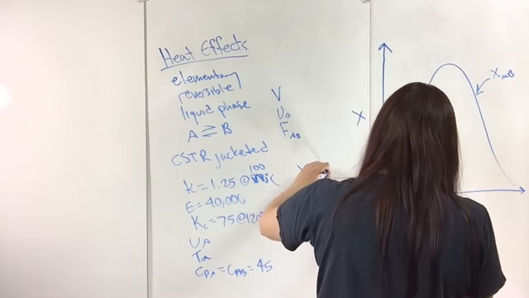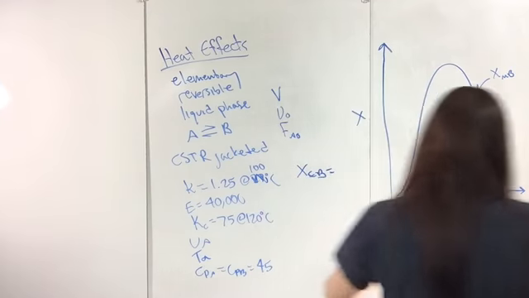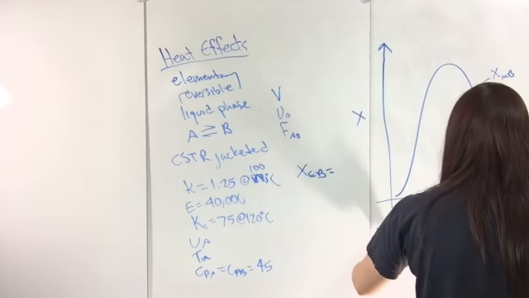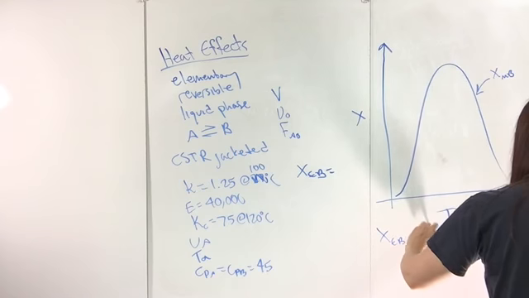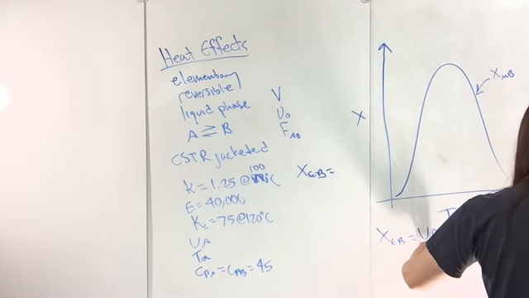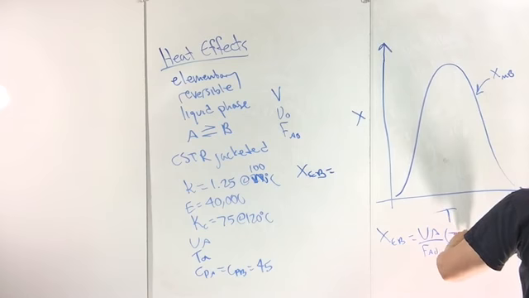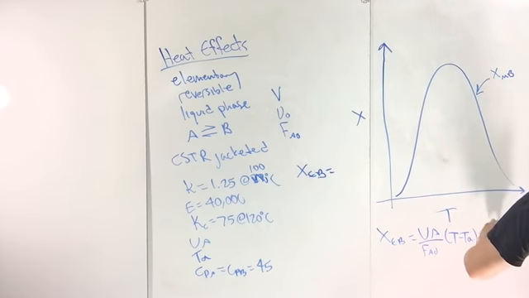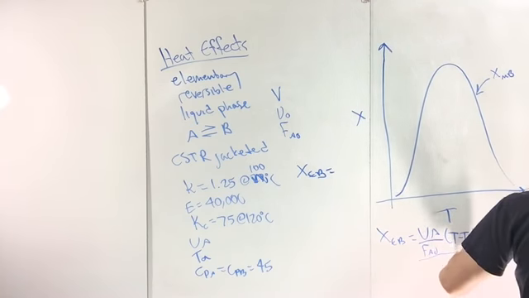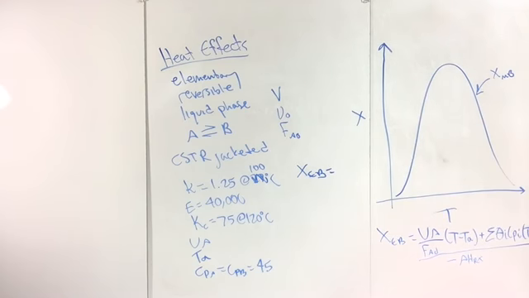So X EB is equal to UA over FA naught, (T minus TA) plus the sum of theta I CPI (T minus T naught), and this is all over the heat of reaction. And then this will end up just being CPA because theta A is 1 and theta B is 0.